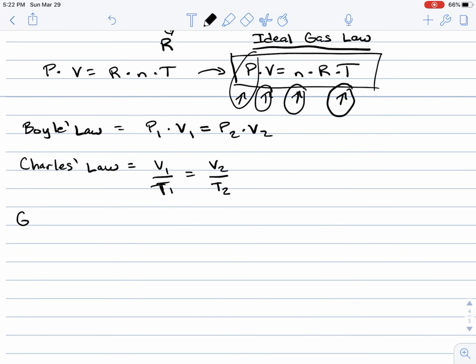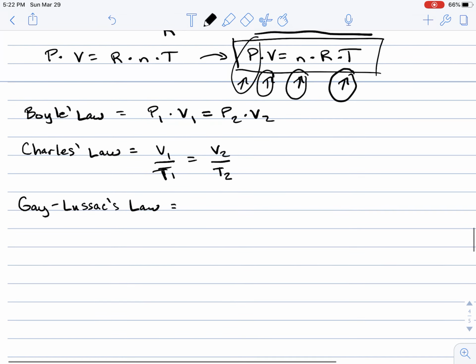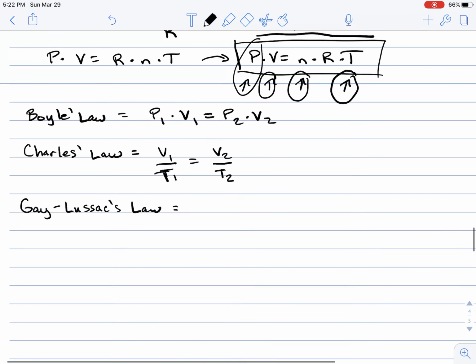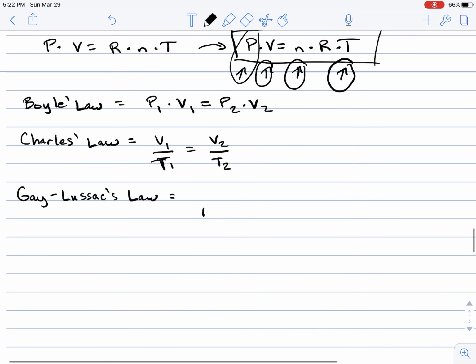Gay-Lussac's law allows us to understand how changes in temperature affect the pressure.